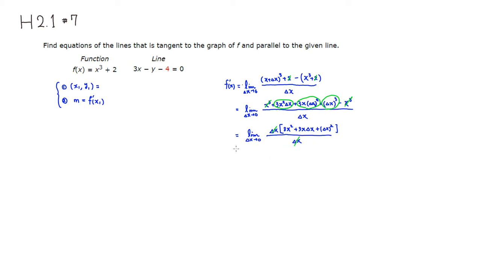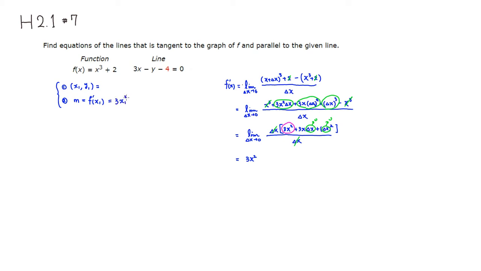Remember that delta x goes to 0, so the second term goes to 0 and the third term goes to 0. The only thing left is 3x squared.